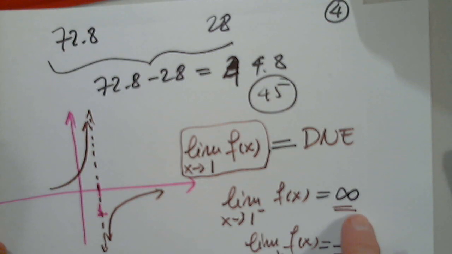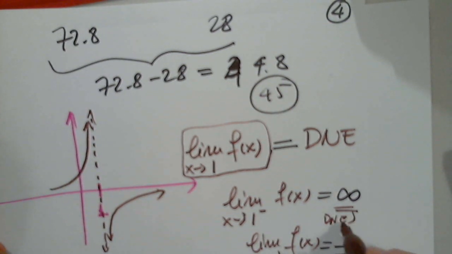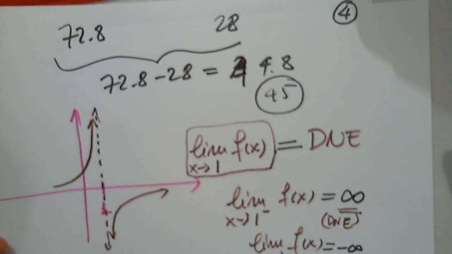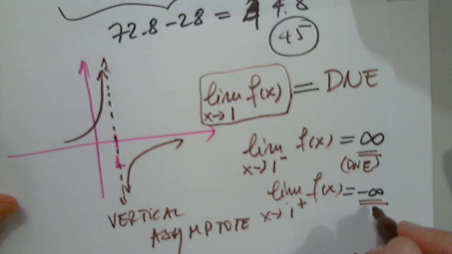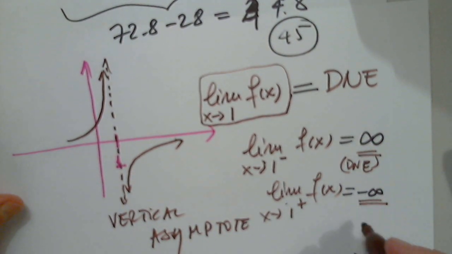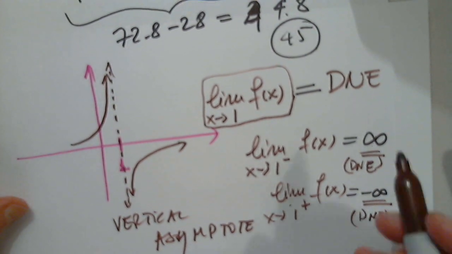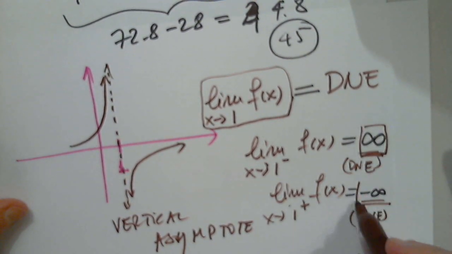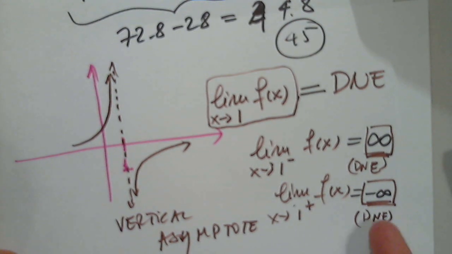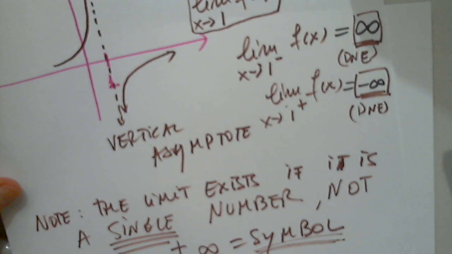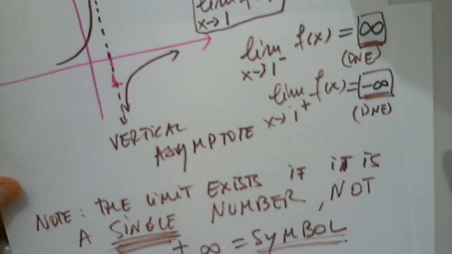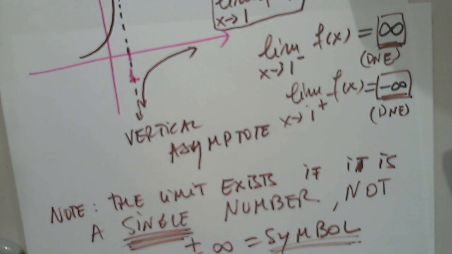I must write infinity, but it's still DNE because it's not a single number. For this one, I cannot write DNE, but it is DNE because it's not a single number. But I have to write infinity and I have to write -infinity. But why are they DNE? Because they are not a single, unique number. Okay, I think we got this idea.